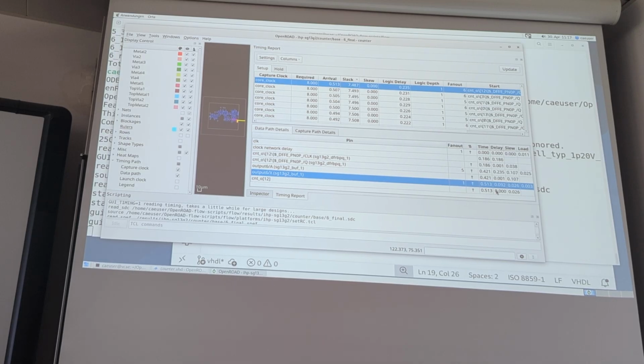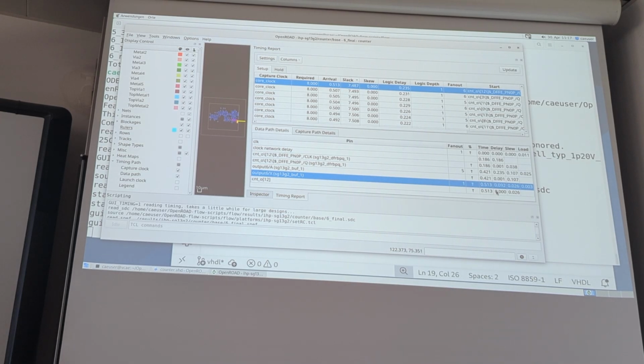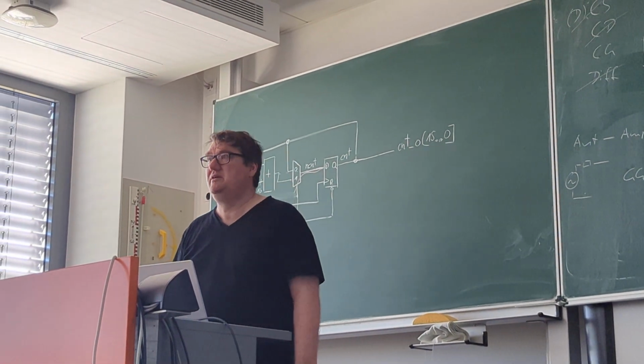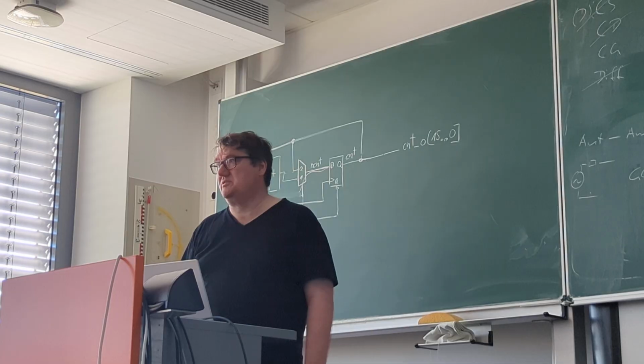Then we can change the timing constraints, because we have 2 nanoseconds at inputs and outputs, and obviously the 2 nanoseconds are a lot compared to the internal delays for this 16-bit counter. So we can add another one here, and then use the timing constraining to focus on the internal parts.